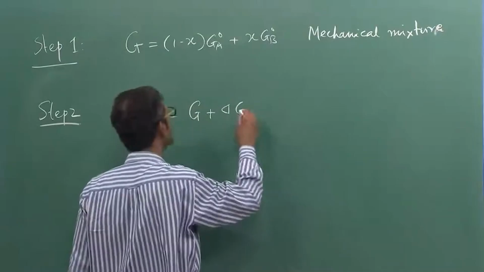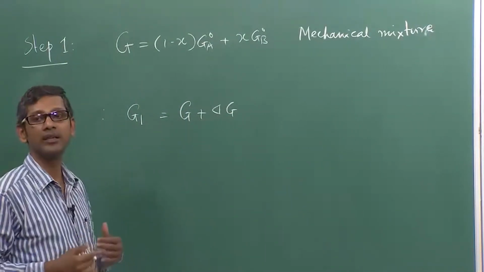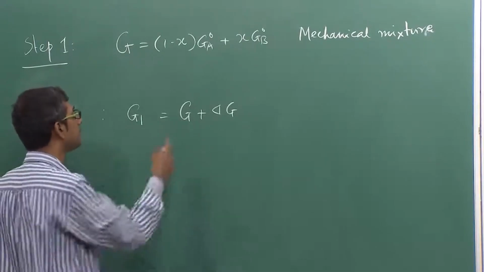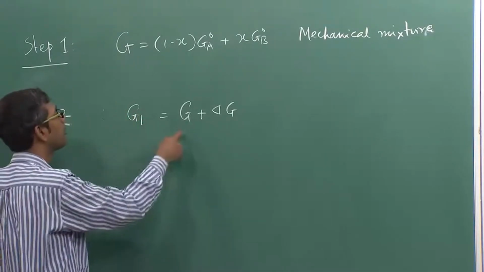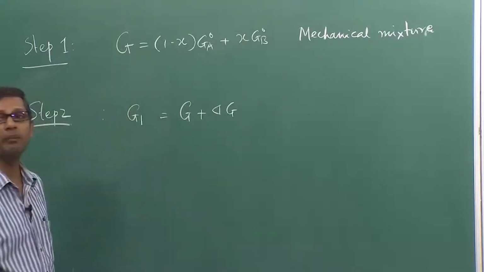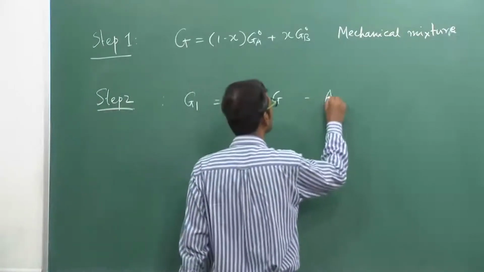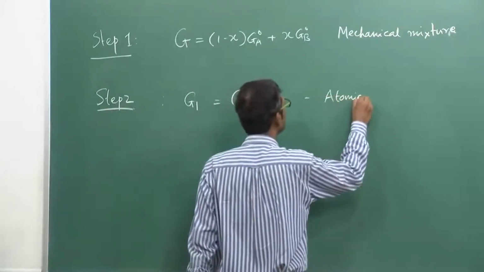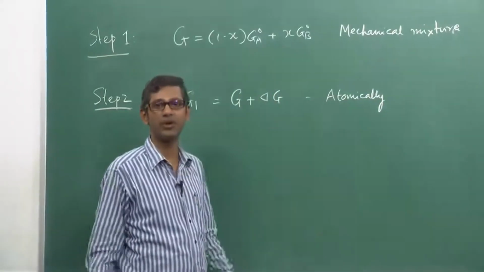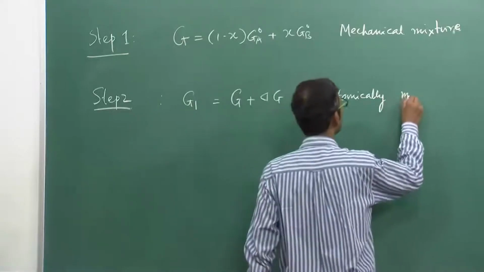Now, if you add them together atomically, just like a solution, let us say if you add sugar in water or if you add coffee in milk, what will happen? The free energy of the total system will be equal to this G plus an additional term, which comes because of the atomic mixing. This is because in a sugar syrup or in a coffee and milk mixture, atoms are mixed atomically.